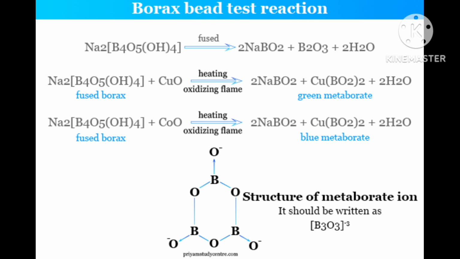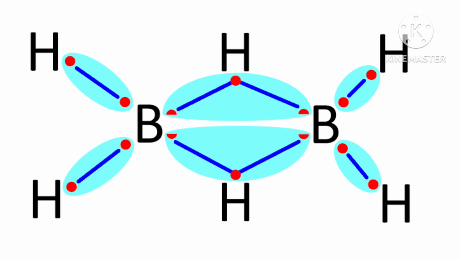Boron fibers are used in making bulletproof vests and light composite material for aircraft. In aircraft it is used because it is lightweight.